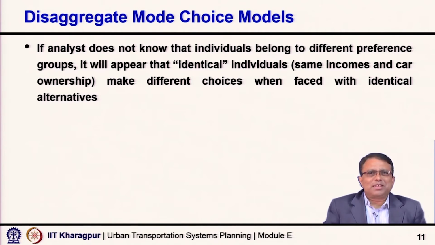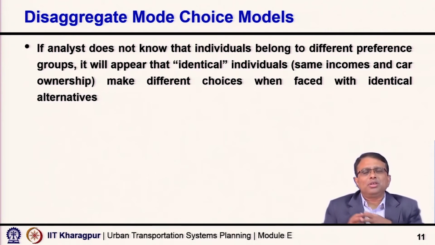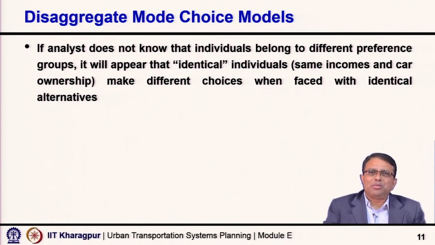It will appear like the same or identical individuals, identical in terms of their income, in terms of their car ownership, facing the same choices, but some people are making this choice, some people are making another choice. It would be different, but it is because we did not consider that difference.